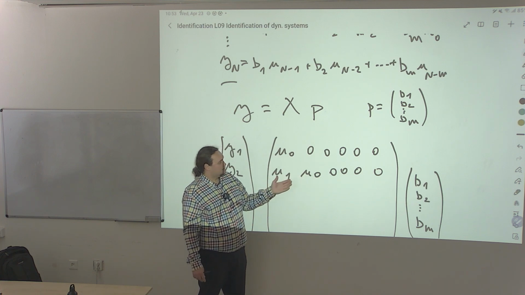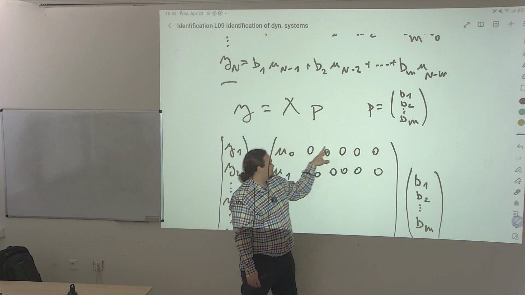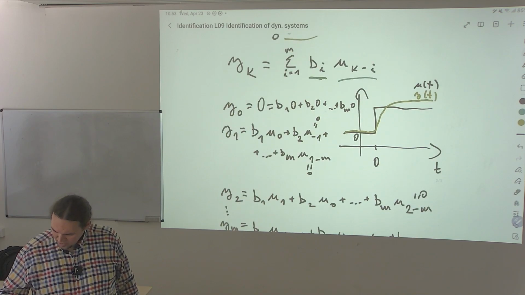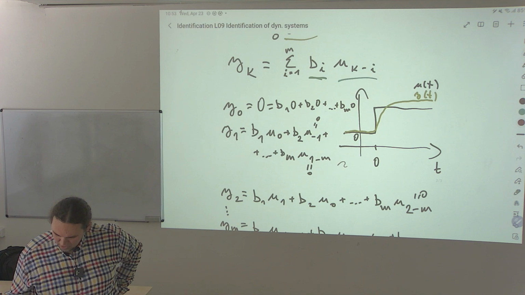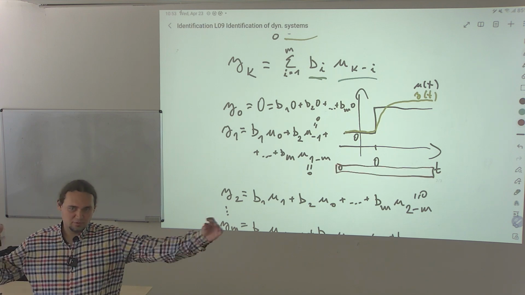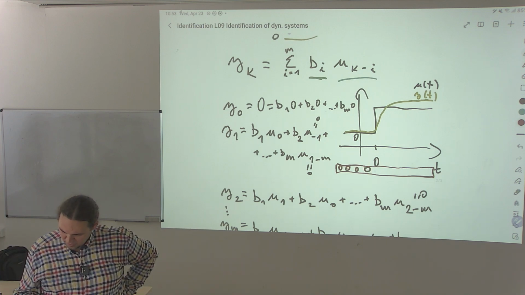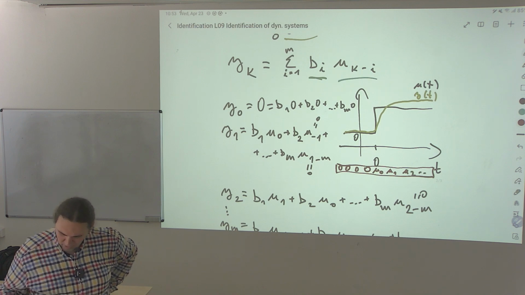So this is how to think about it, how to visualize it. I usually say, imagine we represent these u values as a strip, like on a piece of paper: 0, 0, 0, and here it's u0, u1, u2, and so on.